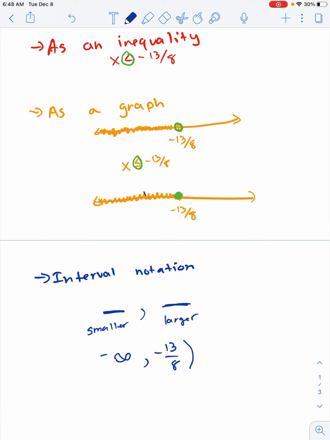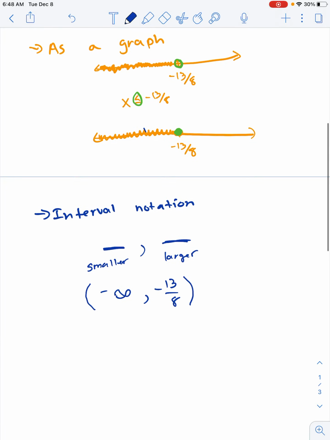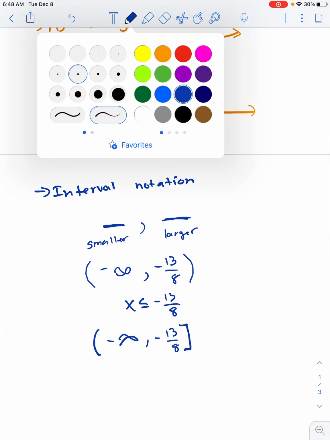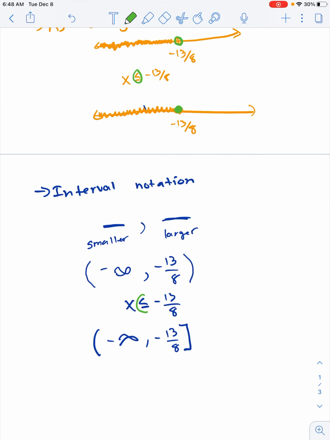And then -infinity, you always have a parentheses around your infinity or your -infinity. Let's say instead we had x is less than or equal to -13/8. Then you'd still have these two numbers, same numbers. The only difference is now you'd have a bracket around here and a parentheses around here, because now that -13/8 is included in the answer.